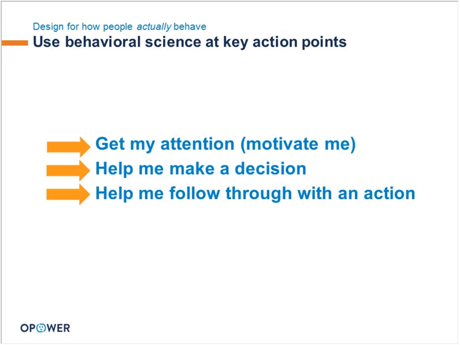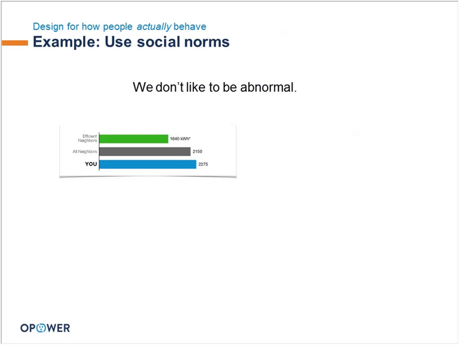So anytime we're trying to get a user's attention or motivate them to do something, anytime we're trying to help somebody make a decision or help them follow through with an action that they already intend to take, these are great opportunities for us to infuse behavioral triggers. And I'll go through 2 examples of behavioral science techniques, even though there are many more.